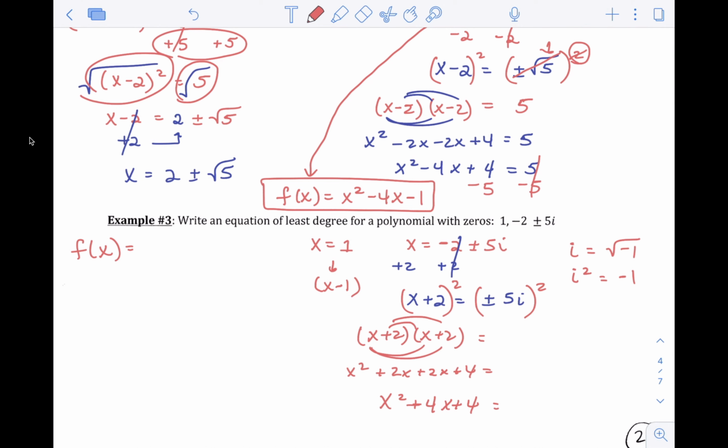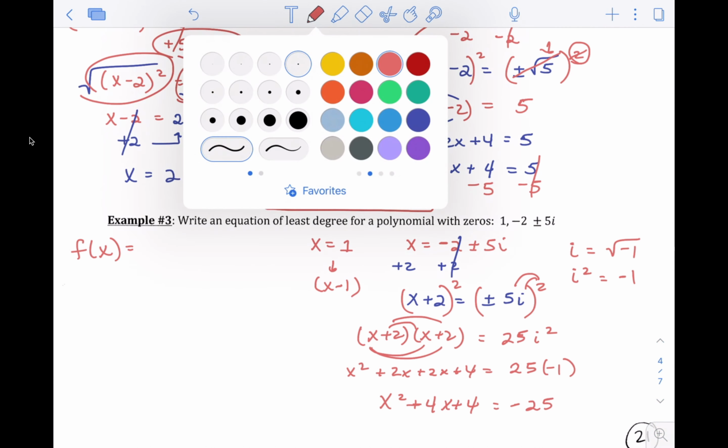They vanish. Positive squared are still positives. Negative squared are also positives. Negative times a negative is a positive. So that's a non-issue. All you have to worry about is the 5 squared, which is 25, and the i squared, which is negative 1. So 5i squared is really 25 times i squared, that's 25 times negative 1, that's negative 25.